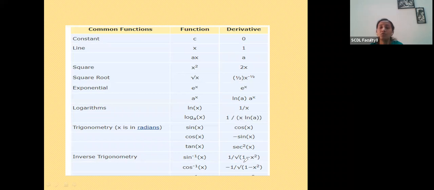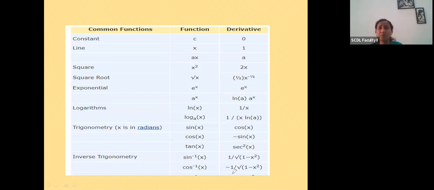In the case of cos inverse x, we write minus 1 upon root 1 minus x square. So in sine inverse we use a positive sign at the start, and in cos inverse we use a negative sign. So the numerator changes with the sign and the denominator stays the same, root 1 minus x square.